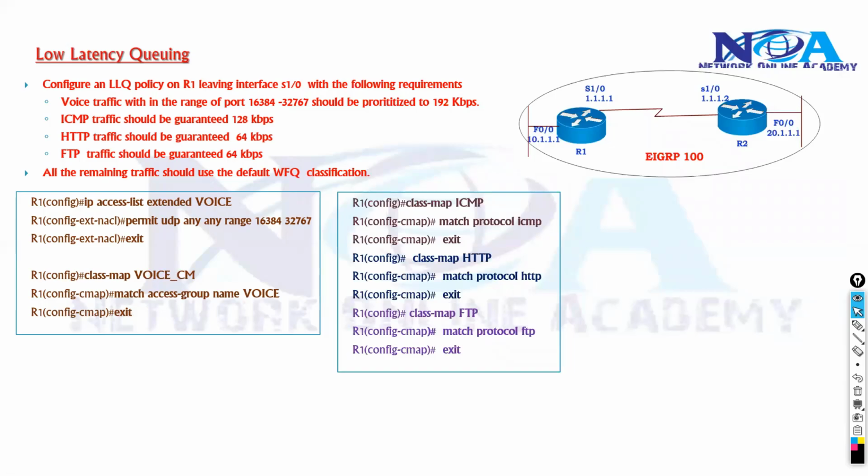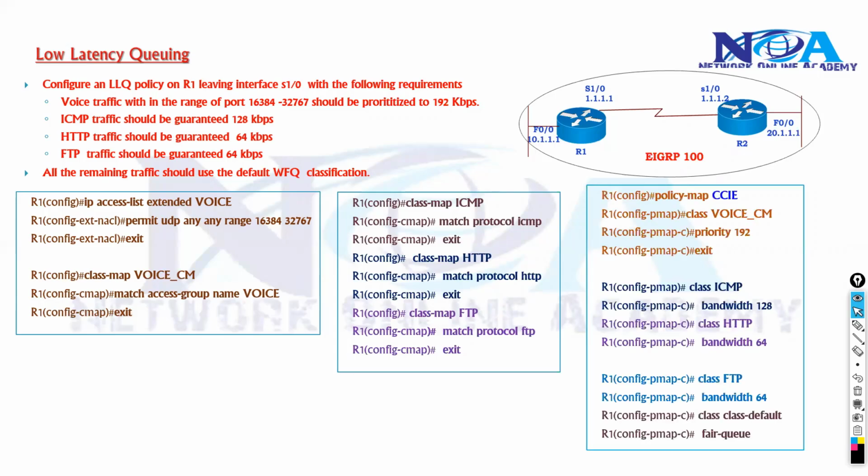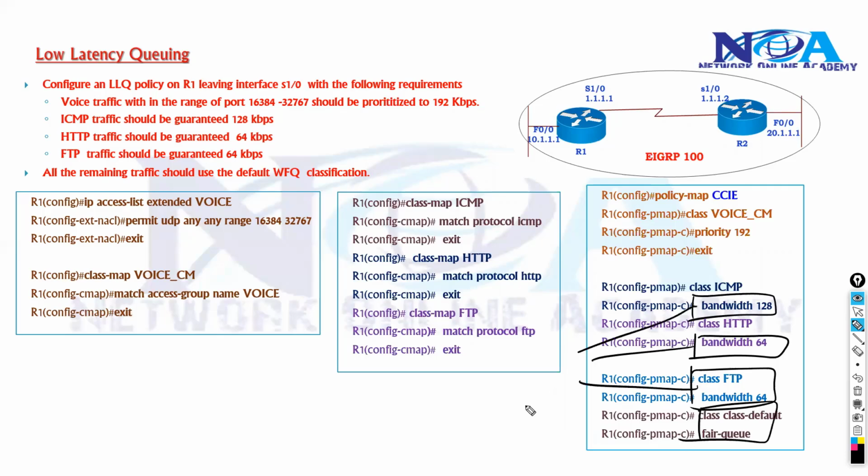We still want the other class maps for the other traffics, where we configure the minimum guaranteed bandwidth, just like we did in class-based weighted fair queuing. I'm not going to change that. The only thing I'm additionally doing is matching this VoIP class and giving a command called priority. Now again, the difference is there.